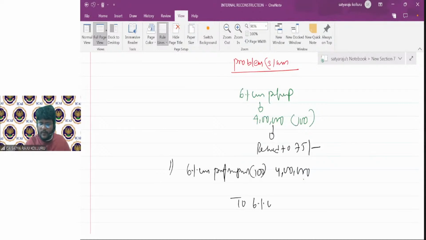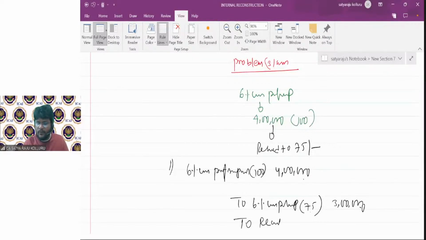To new 6% cumulative preference share capital, now the face value and the paid up value will become 75 each. Let me know, 4,000 into 75: 3 lakh. What about the remaining balance, which is profit to the organization?